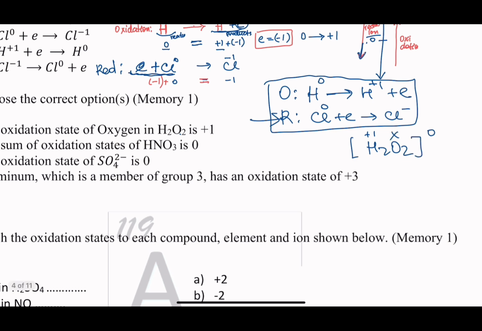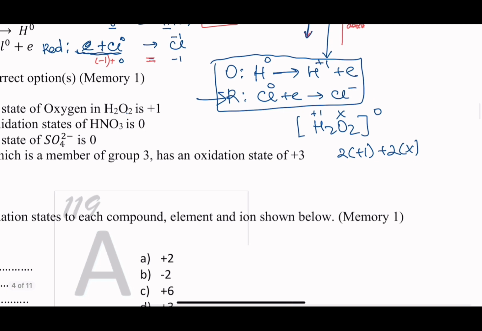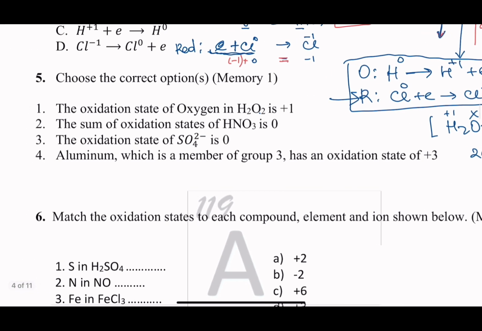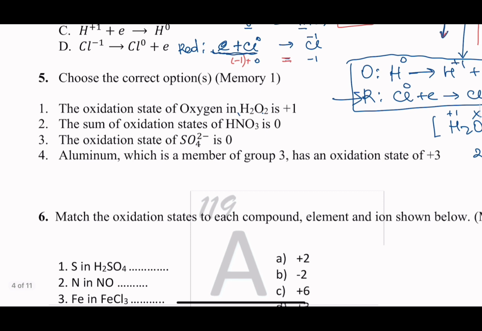If we do this one here, 2 times +1 plus 2 times x adds up to 0, and then 2x is -2, x is -1. This is the only exception we have for oxygen, that when we have a peroxide like this, it is -1. If you check my oxidation manual, you will see it over there.